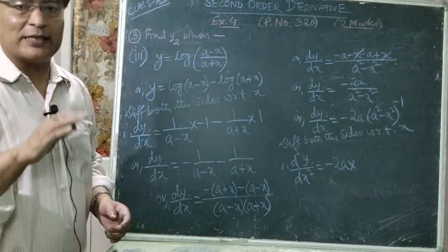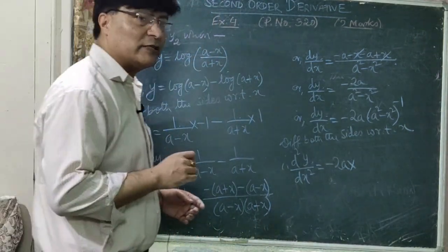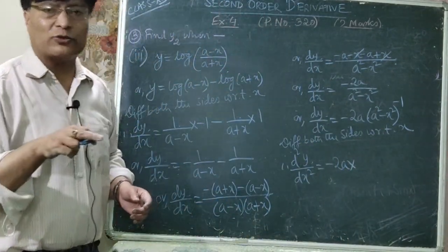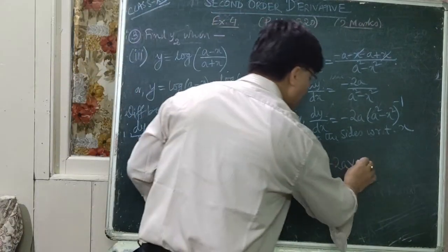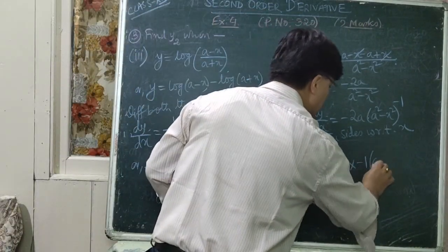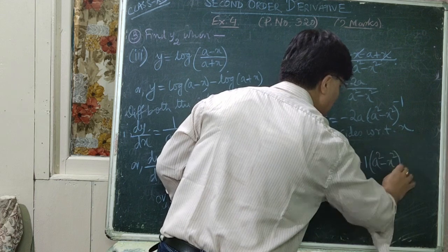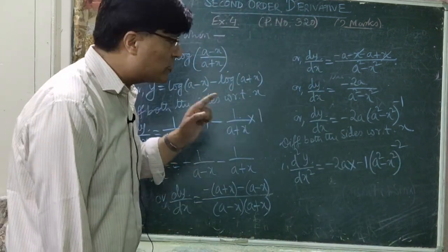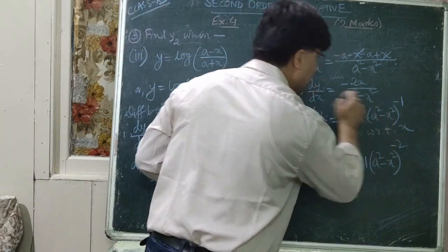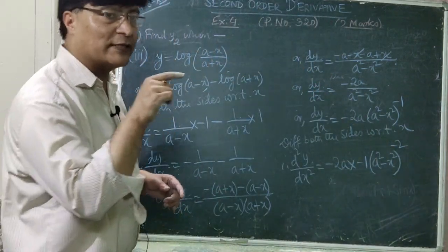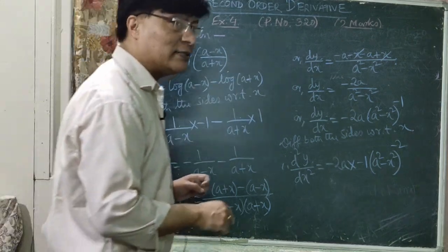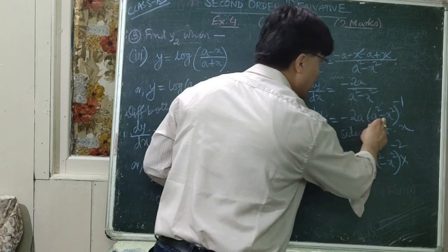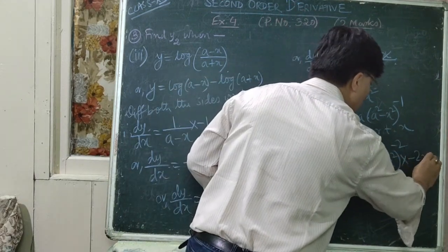So how will you differentiate it? The differentiation of x to the power n is n into x to the power n minus 1. Here minus 1 becomes the coefficient, a square minus x square whole to the power minus 2. Now which function was taken as x to differentiate it? A square minus x square. Again you have to differentiate that term, so into, for a square it is 0, for minus x square it is minus 2x.